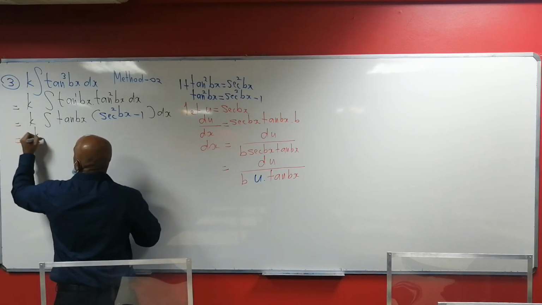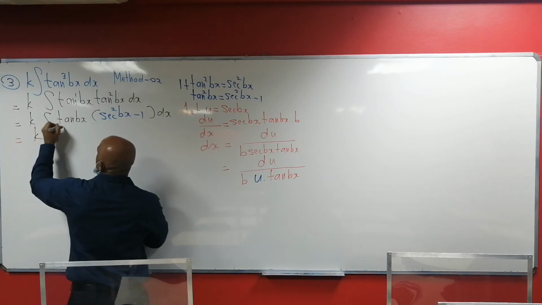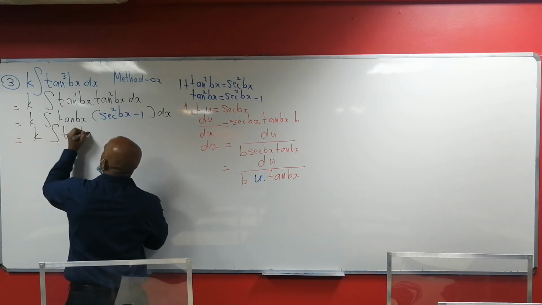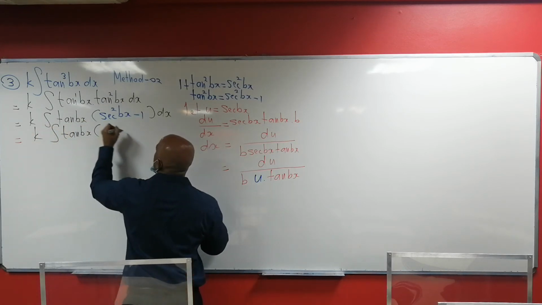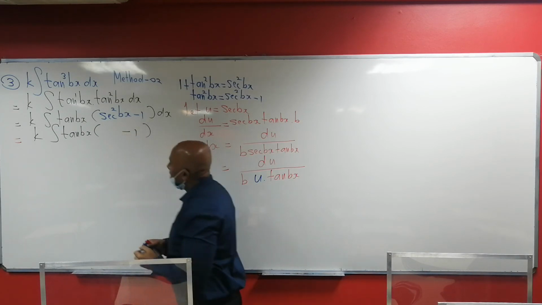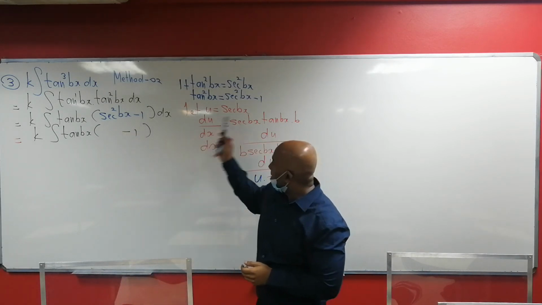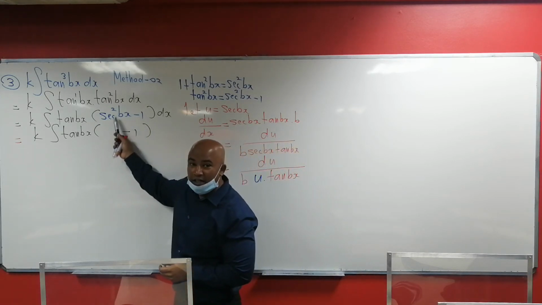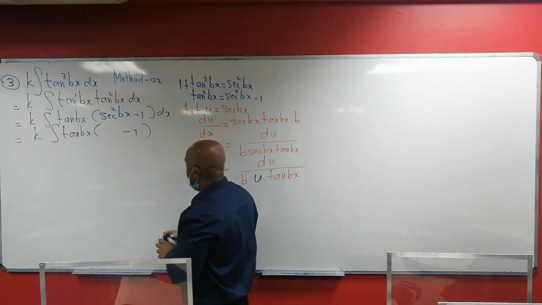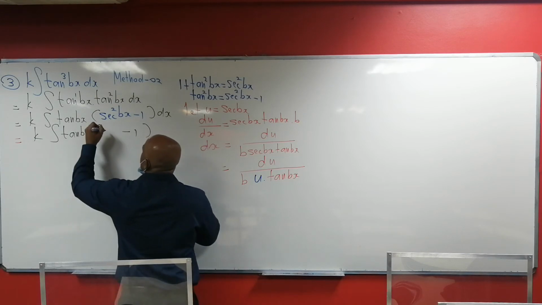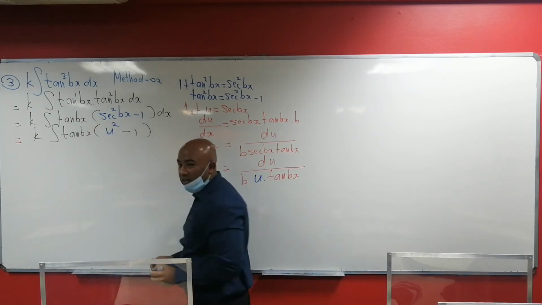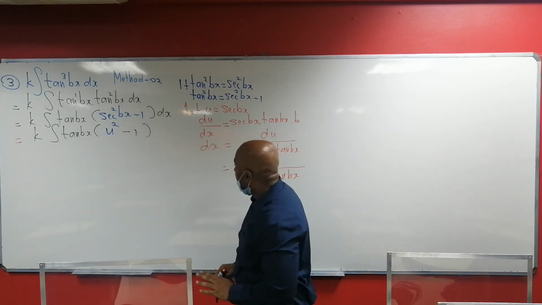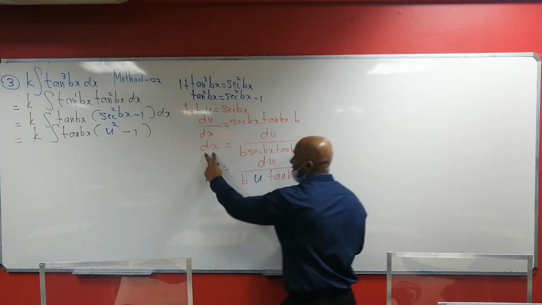So here I got my k times, remember k is a number, I got my tan bx there. Now remember that sec is u. So this is not sec, this is sec raised to the power 2. So therefore this will be u squared. You're clear with that? Now dx, there's my dx here.